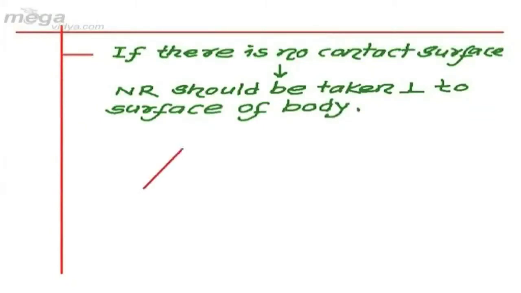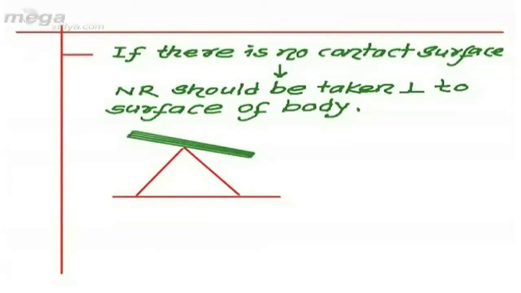There is a pyramid, and at the top of this pyramid we have a plank which rests over this pyramid in this way. Now you can see that there is no contact surface, though there is a contact point to which this wedge is in contact.